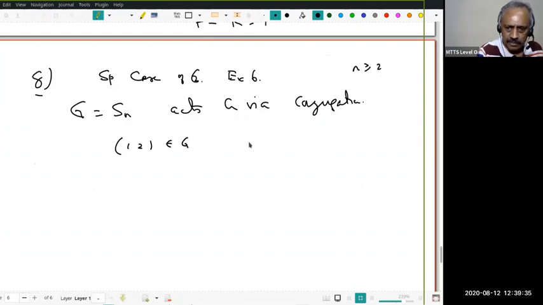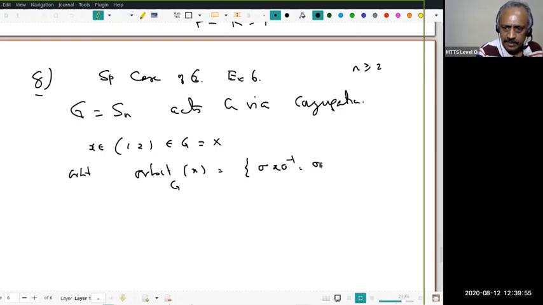Therefore, what are the orbits? Let us call it x. I'm considering it as a set. What is the orbit of x with respect to this group? Again, this is sigma x sigma inverse, where sigma varies over Sn. How many of you know this?